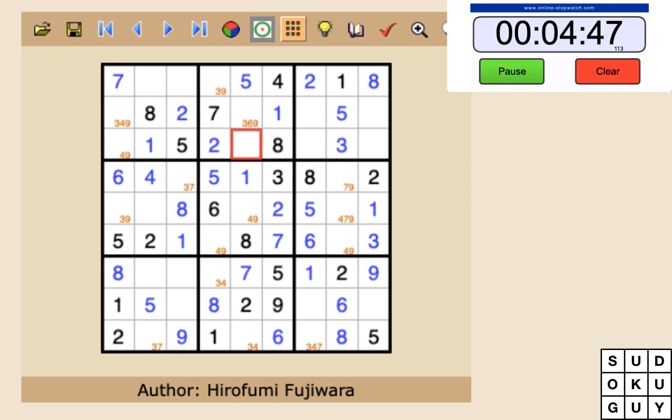Three, 6, 9 missing. 3, 6, 9 also missing in this row. Okay, this has to be a 7. This now 3 or 9. That can't be a 9 because then those would both have to be 3, and that's no good. This also can't be a 9 for the exact same reason.